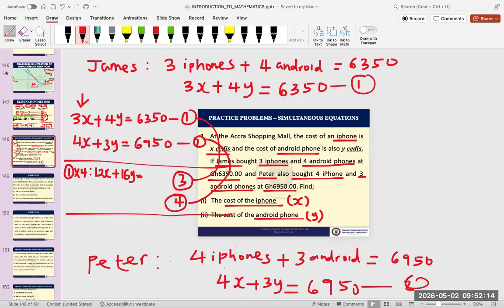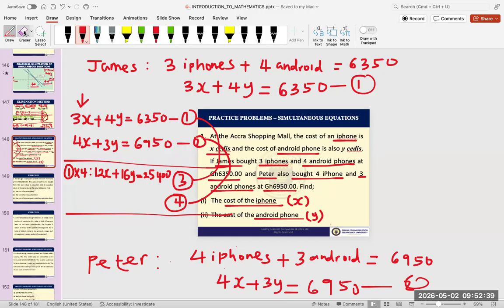And then the last one, we have 4 multiplied by 6350. And that would be 25,400. That is equation 3.